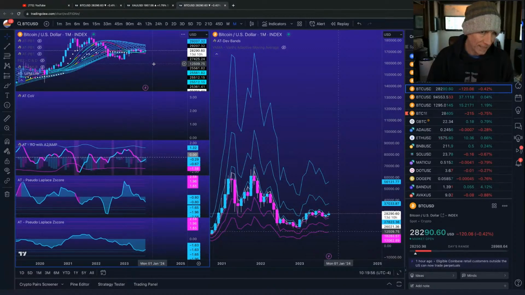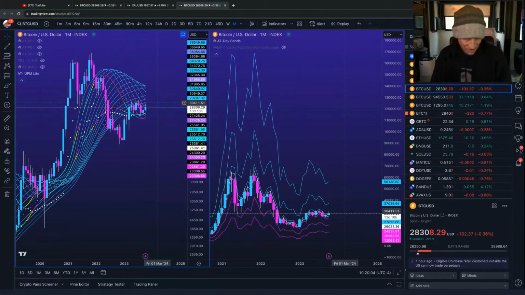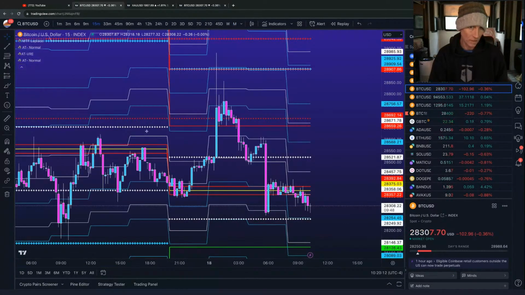For bear div to kick in, you're going to need the data set above about 30, let's even play it safe, 30,500. You close this monthly around 30,500, it's going to be setting up some bear div, a possibility of a rejection off the zero mean.